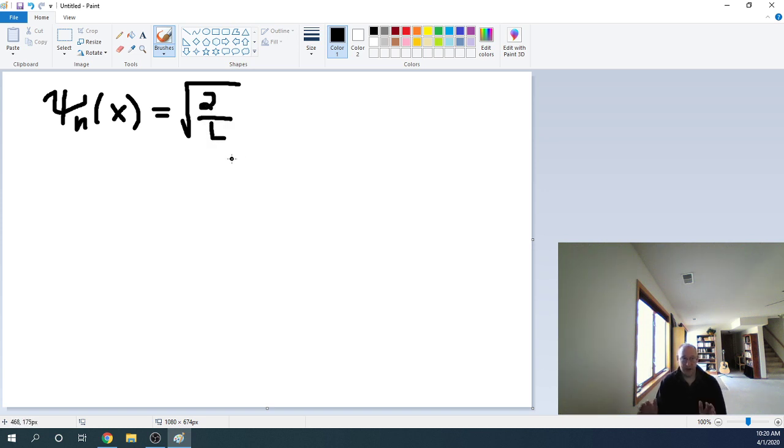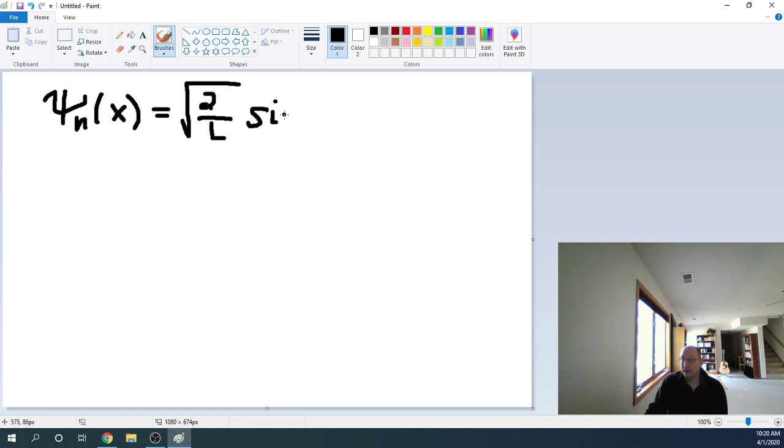If the box has a size L, it has infinite potential at 0 and infinite potential at L, and 0 between 0 and L, and the particle is constrained to be between x equals 0 and x equals L, and its wave function is going to look like this, it turns out.